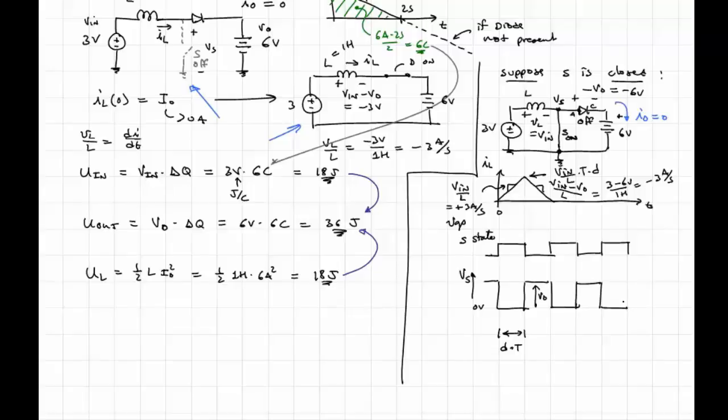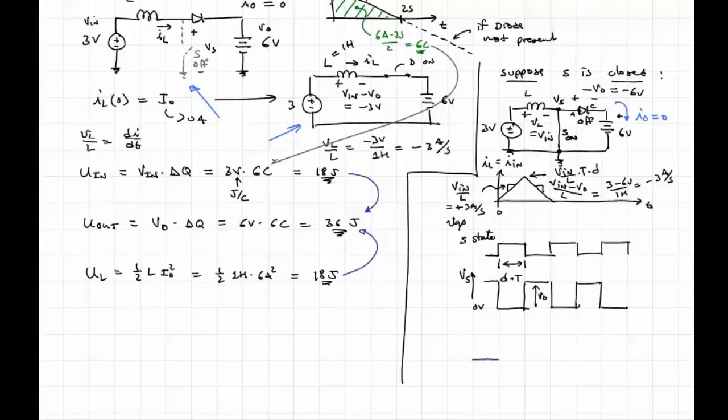Now if I was plotting the input current, this here is equal to the input current as well. If I was plotting the switch current, what is the switch current going to look like?